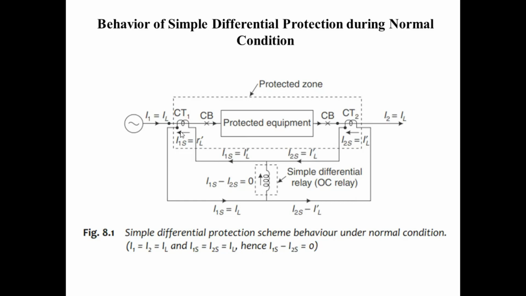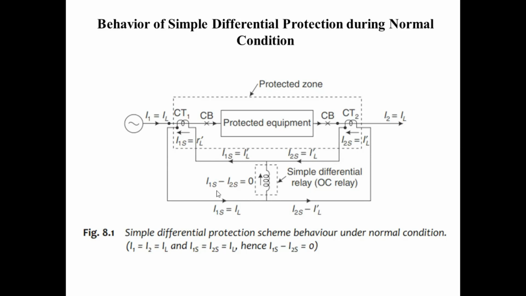From CT1, the current directions are shown at the overcurrent relay. The relay condition is that I1S minus I2S is equal to 0, where I1S is the first incoming current and I2S is the second incoming current.